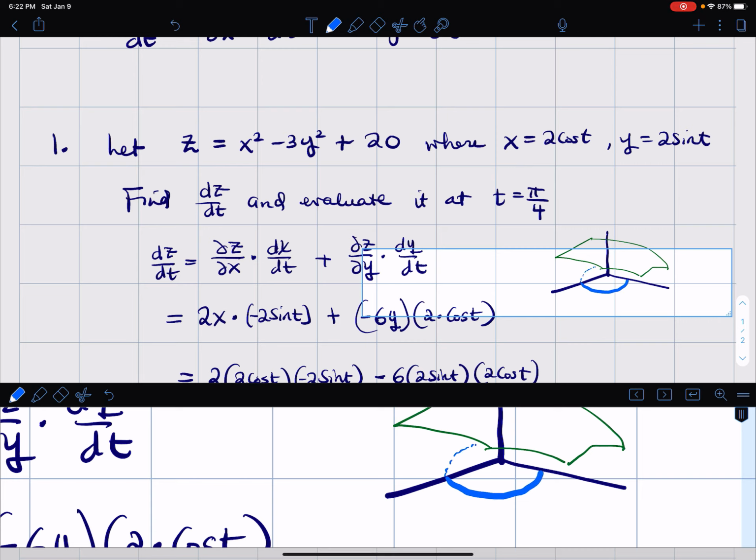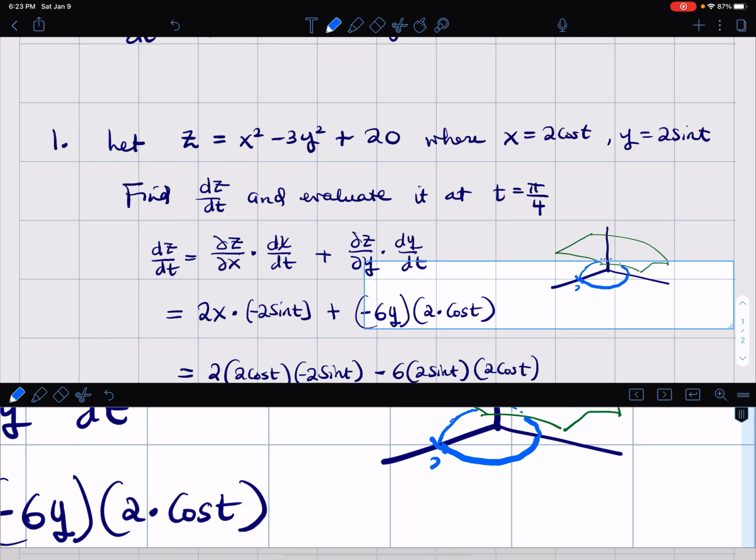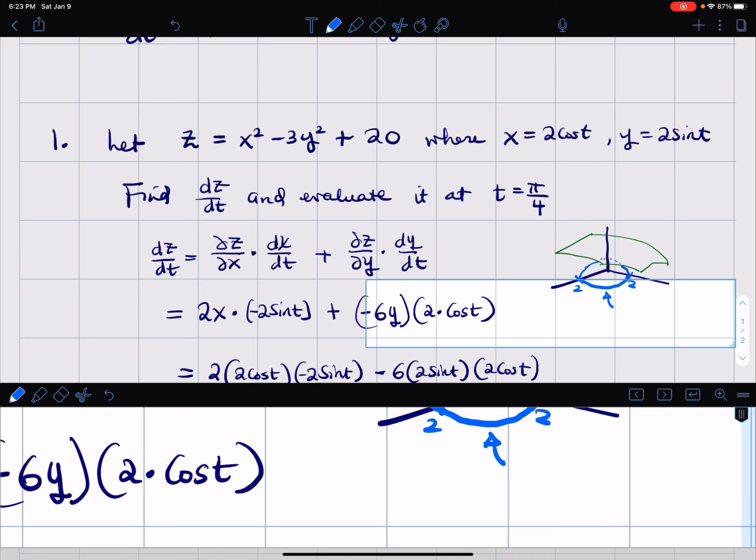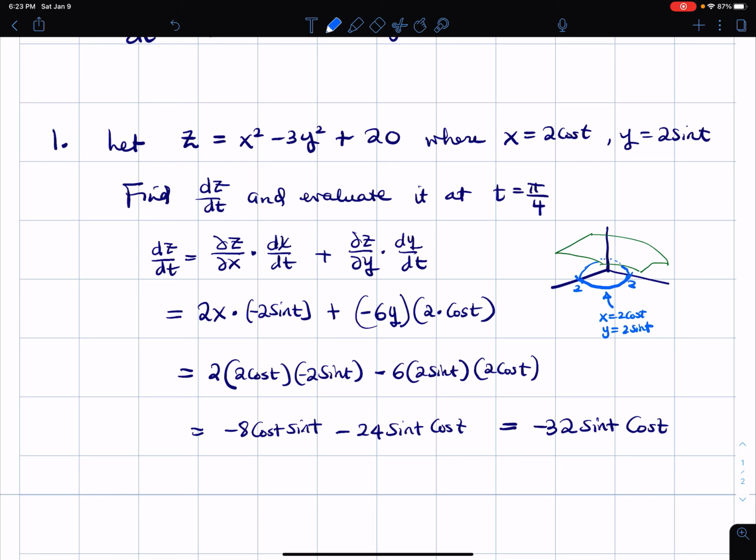That's all we're doing. Restrict the domain to a circle of radius 2. So this is the parametric equation of this: x equals 2 cosine t, y equals 2 sine t. We're going to talk more about this.